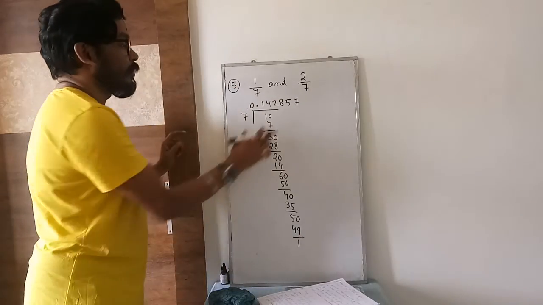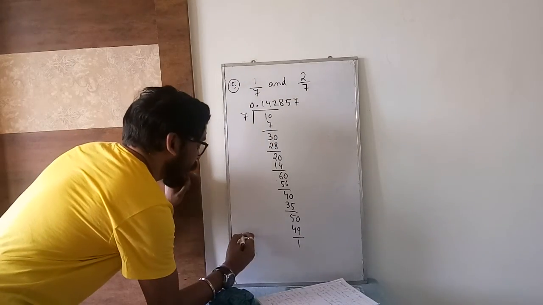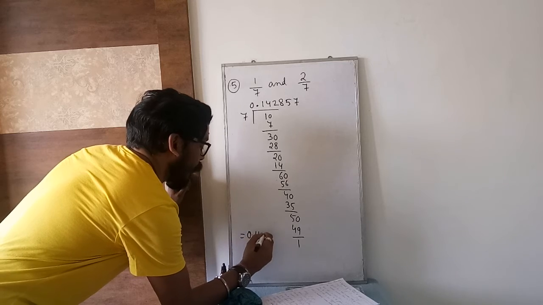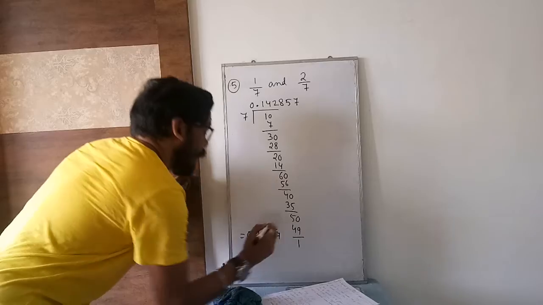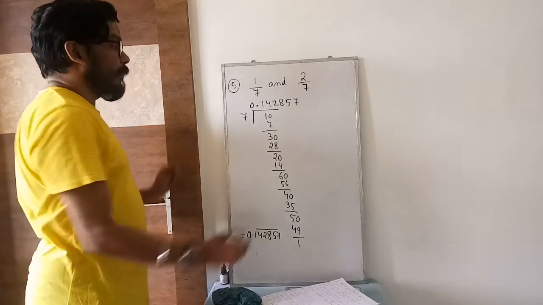So 1 has come, so this part will again repeat. So you can easily write here 0.14287. Okay, so this is 1 by 7.